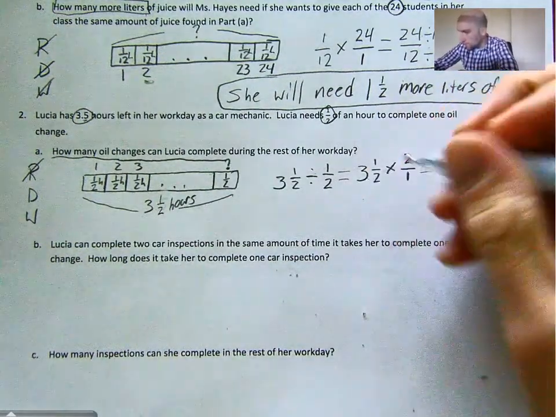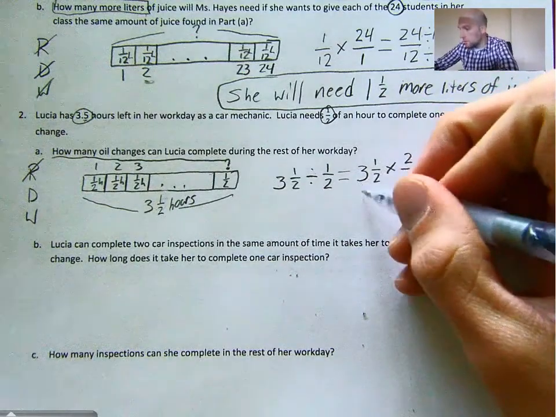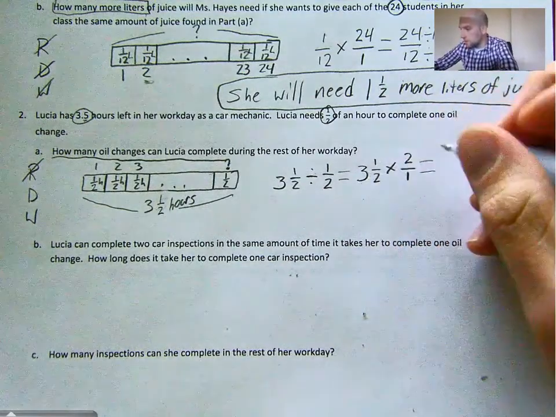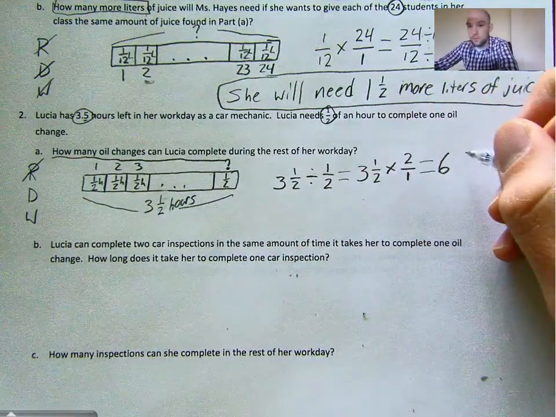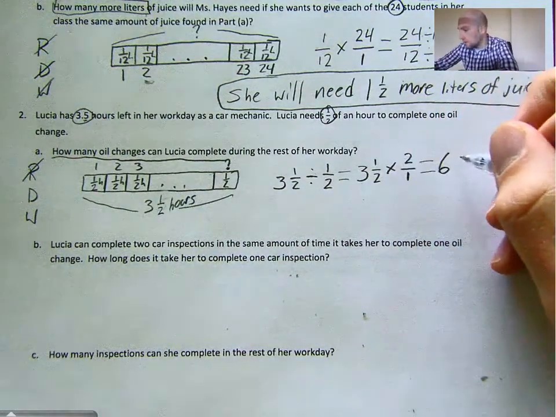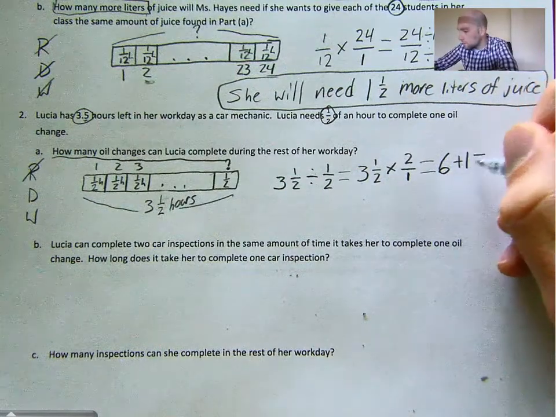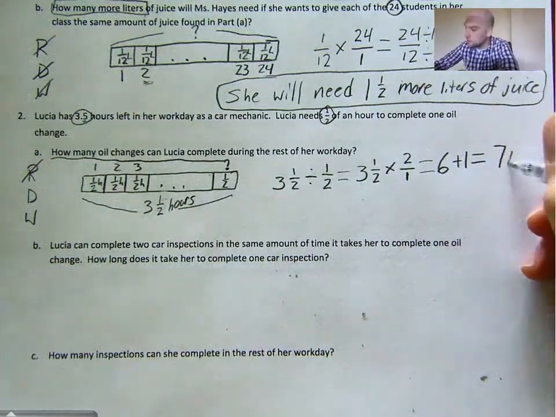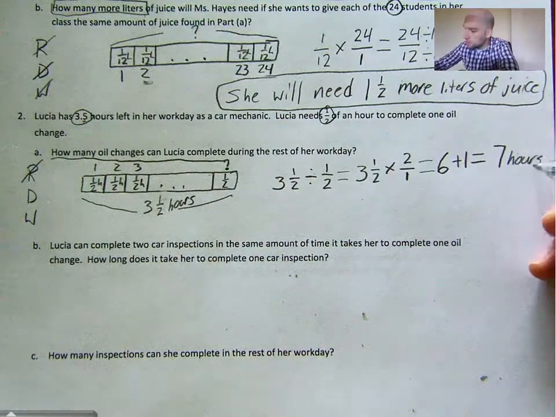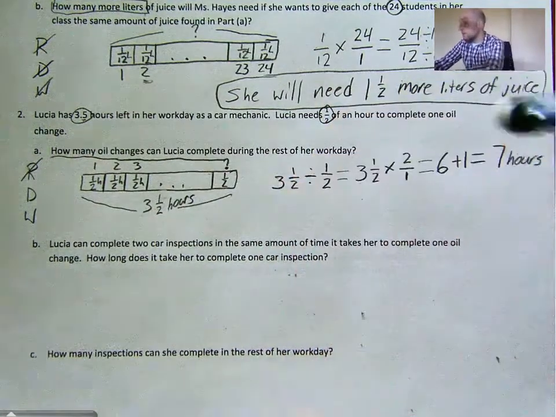So if I do 3 times 2, well, 3 times 2 is going to give me 6. And 1/2 times 2 is going to give me 1. That will give me 7 hours altogether. Or no, 7 oil changes.